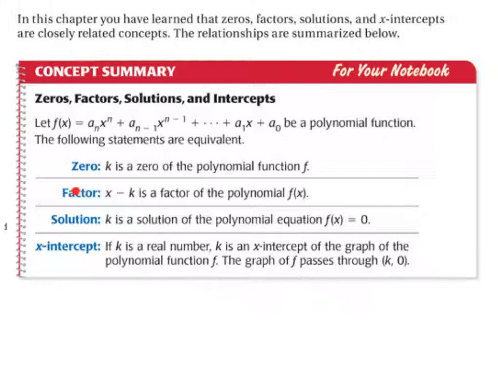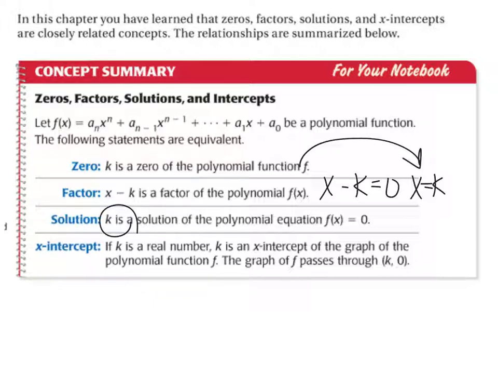But when we factor a polynomial, we get x minus k is a factor, and then we set this equal to 0 and solve for k like this. We would have x minus k equals 0, therefore x equals k is a zero. Solution. K is the solution of the polynomial equation because we set it equal to 0.